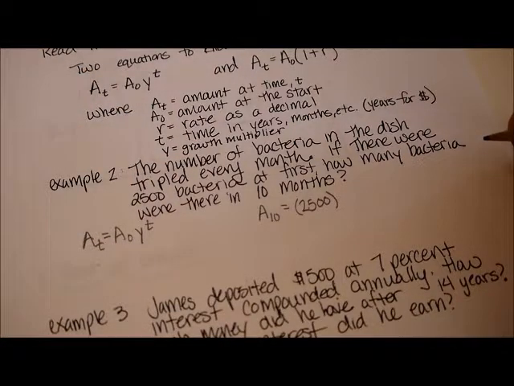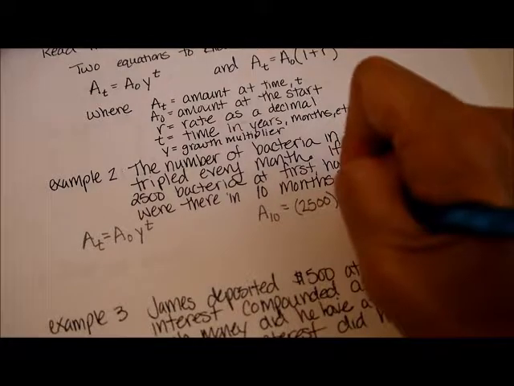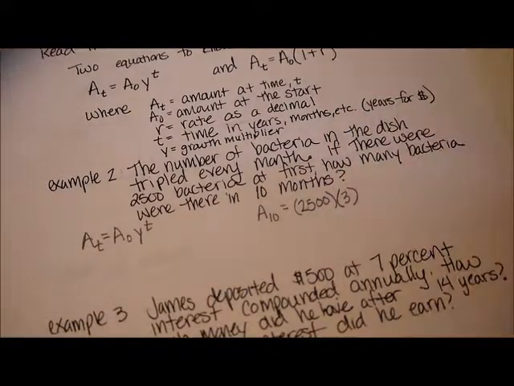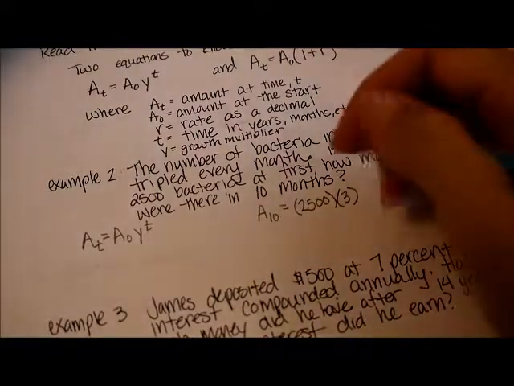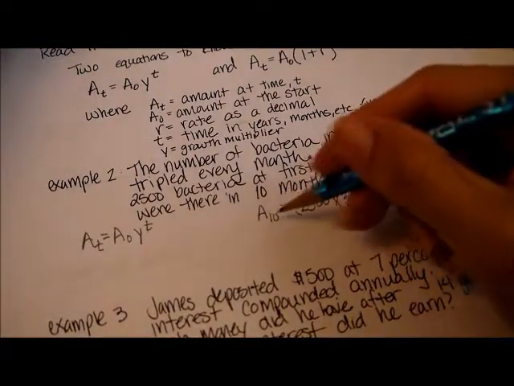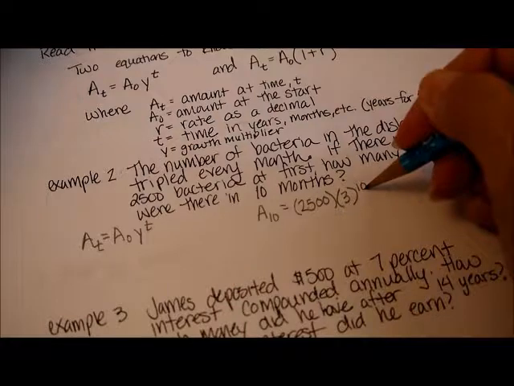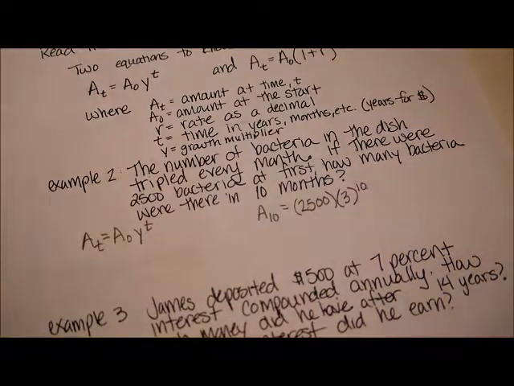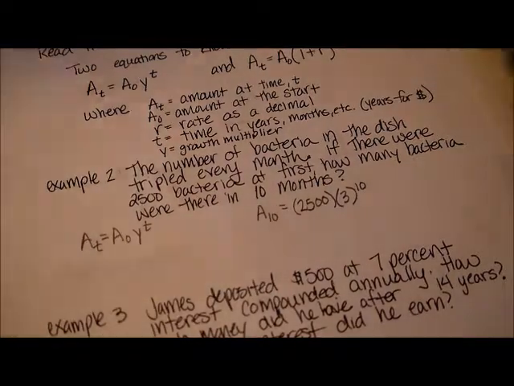So that means that our growth multiplier is 3, and this is how many months, so we're going to check 10. So here is our equation. Okay, now I'm going to go ahead and use the calculator because we get to use the exponential function on our calculator that I just put away. I need to find it again. So not ready for today. There it is. Okay.